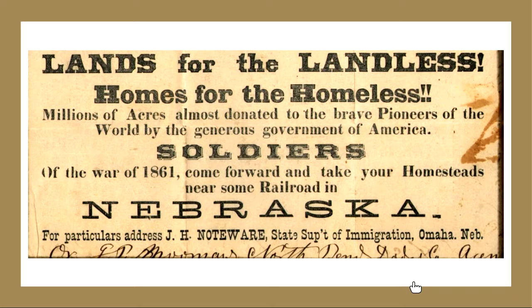And then finally, what you see here in this old poster is the Homestead Act. Of course, with both the Homestead Act and the land grants, that land was being taken from Native Americans directly. So the Union was really, in a way, fighting two wars at the same time.